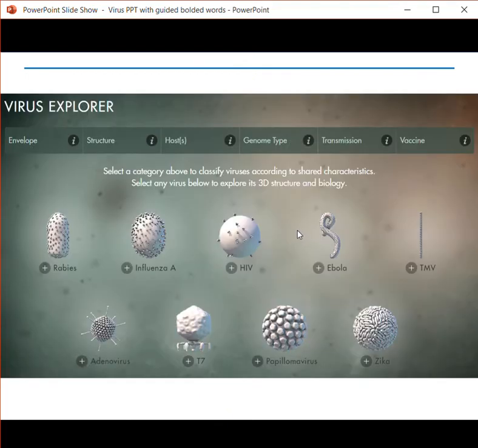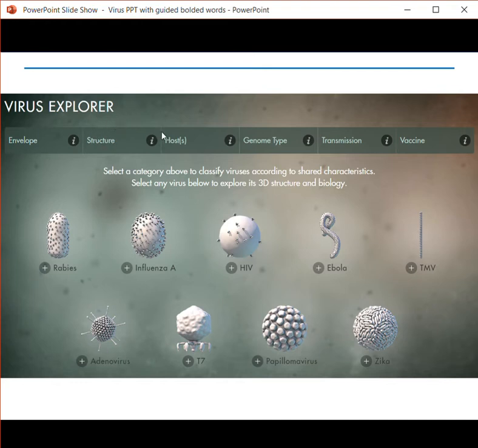All right, let's move to the next part. Let's also quickly review some of the different categories that were used to classify viruses. This was on your website for the Interactive Virus Explorer. You had different ways, such as whether or not they have an envelope, what type of structure they have, whether it is DNA or RNA, single-stranded or double-stranded, positive or negative.